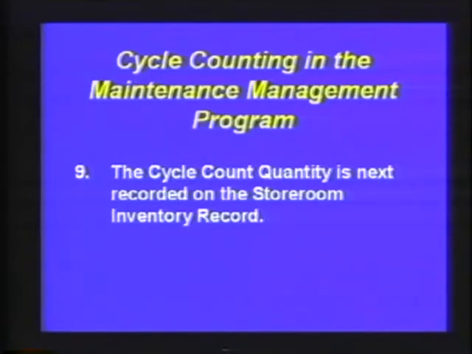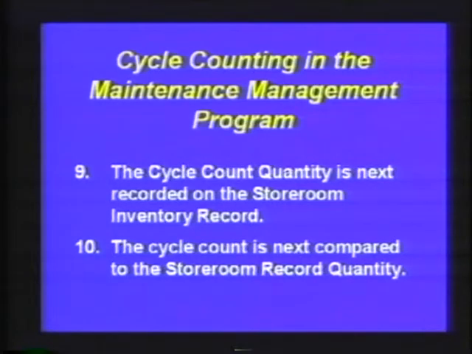Step 9 is the cycle count quantity is recorded on the cycle count form, and then 10, the cycle count is next compared to the storeroom record quantity, and if there are differences between the two, we may have to recount those items that are outside of the acceptable range of what we call accuracy.